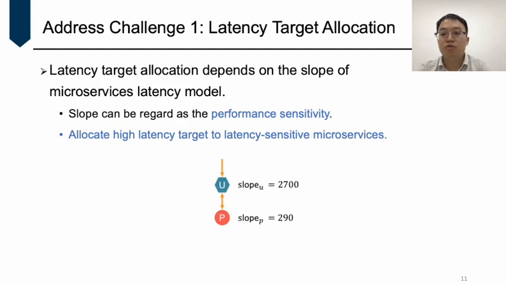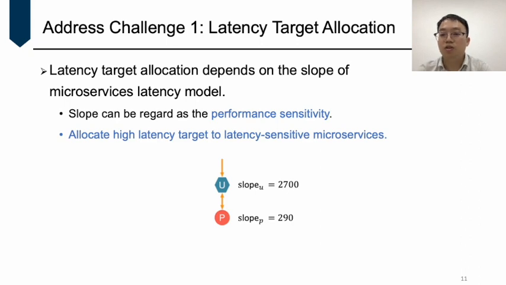Here, I will further introduce how to use the latency model to decide the latency target for each microservice in the dependency graph for resource allocation. The slope of the microservice latency models can be regarded intuitively as performance sensitivity. Take a simple sequential case where Microservice U calls Microservice P as an example. The latency model of Microservice U has a higher slope.